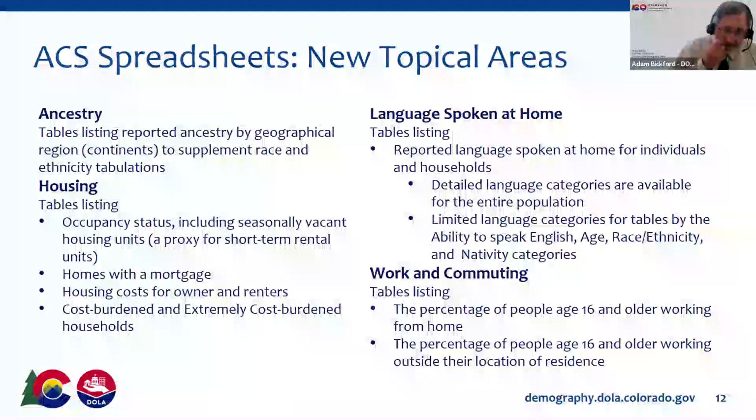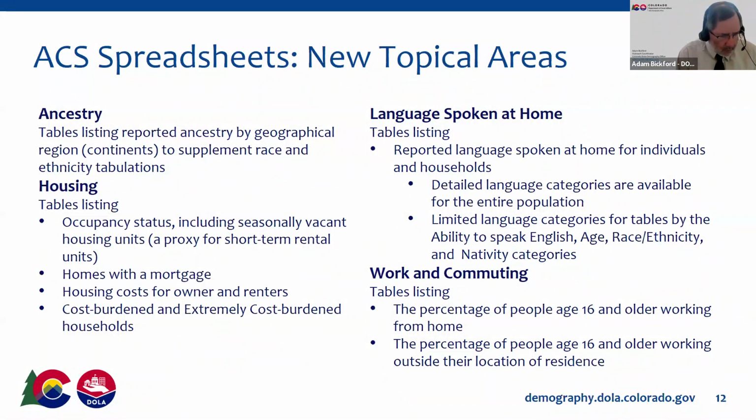So we've added tables about ancestry by geographic region, continents, to help supplement race and ethnicity tabulations. We have added tables about occupancy status, including listing the seasonally vacant housing units, which is the Census Bureau proxy for short-term rental units. And we have that for counties and for municipalities and places. Now, strictly speaking, these are not short-term rental units, but it's as close as the Census Bureau provides.